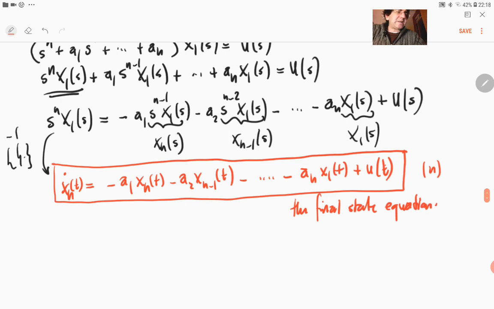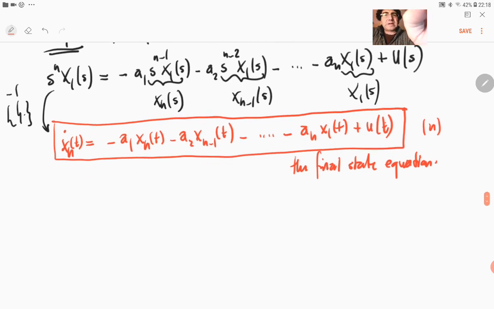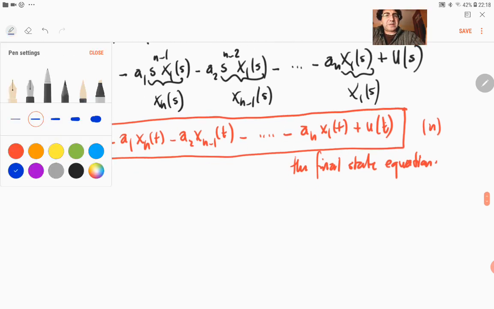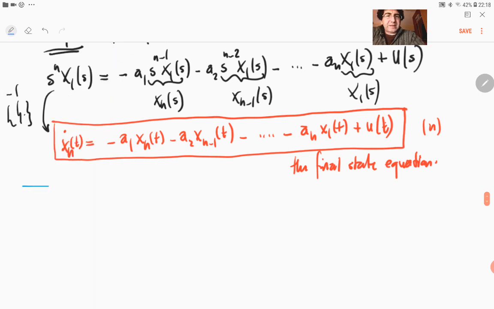Mind you that in this equation I only have a linear combination of all the states, and I also have only the input term, and no derivatives are involved. So let us put this into matrix form and finish for this session.